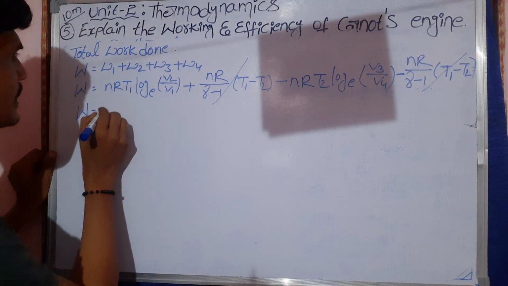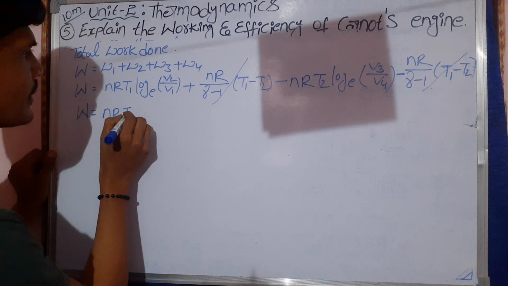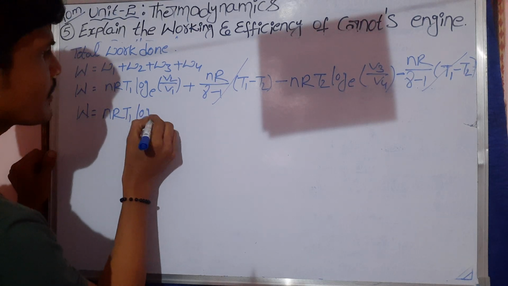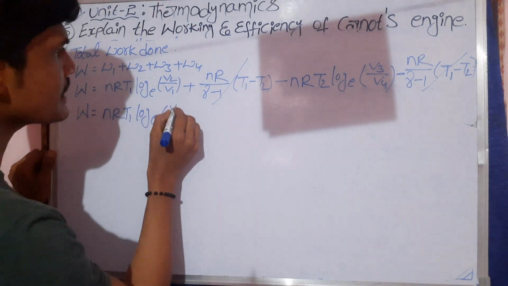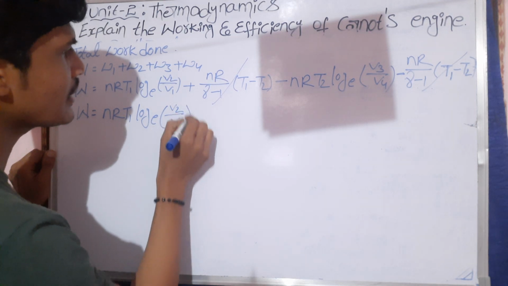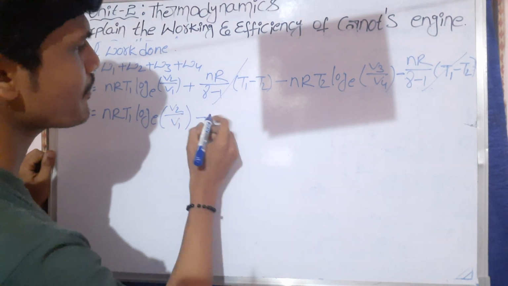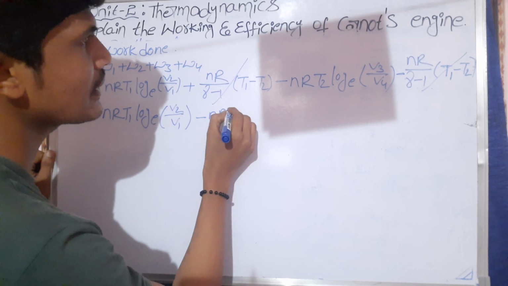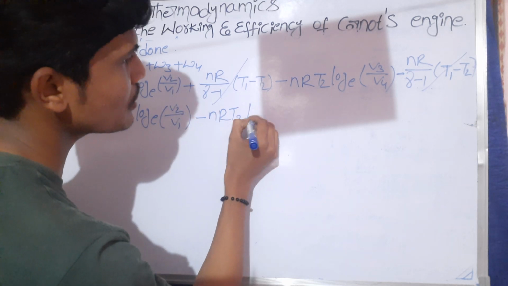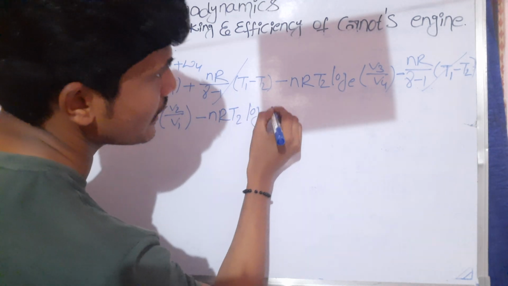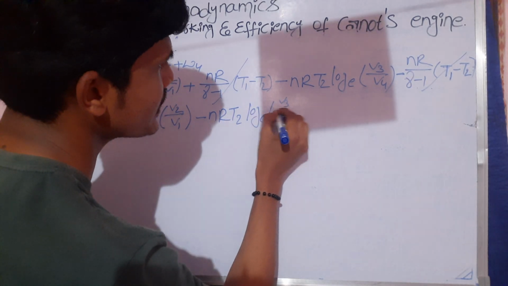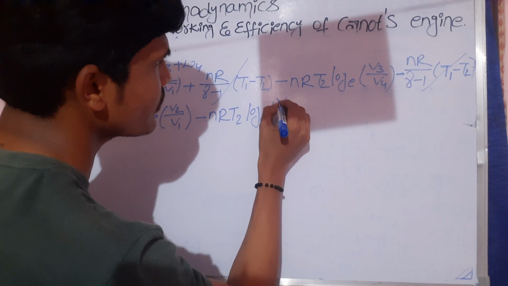Remaining equation: NR T1 log e base V2 by V1 minus NR T2 log e base V3 by V4.